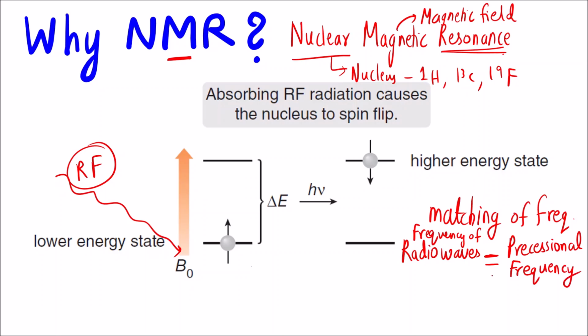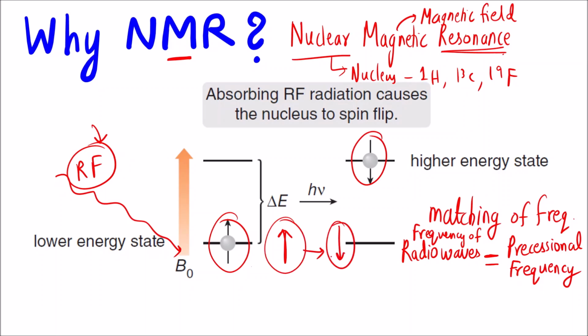This matching of frequency, when the frequency of the radio wave is the same as that of the nucleus, what will happen? The nucleus will absorb the radio wave and then undergo flipping. Initially the spin state was like this, after resonance it becomes like this. It goes to a spin with a higher energy state, that is beta; it moves from alpha to beta.